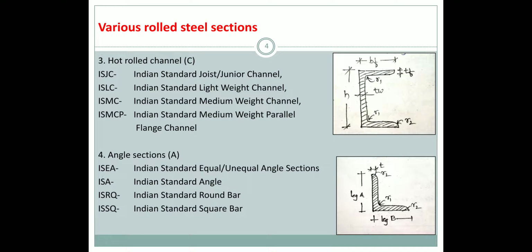In a channel section, R1 is similar at both inner corners, that is R1, the radius at root.